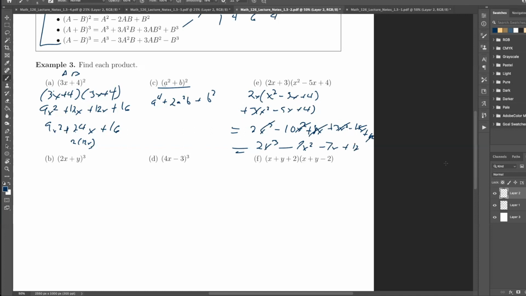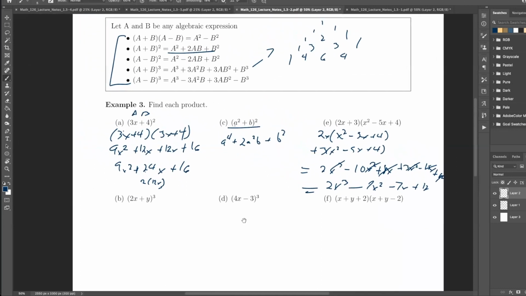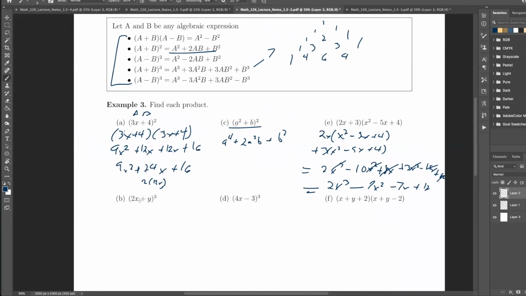All right, so let me show you. Let's just use the formulas real quick to produce these answers. So here, we're going to use the formula to figure out what this is. So here, we're going to have a cubed. And so 2x cubed would be 8x cubed plus 3 times a squared.